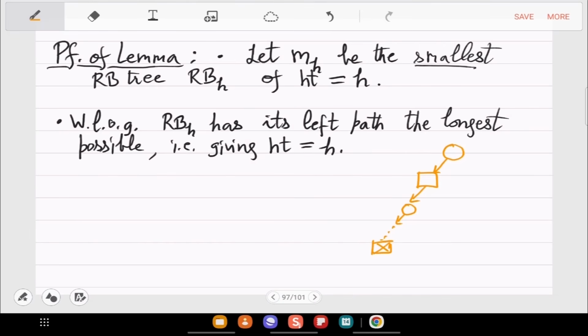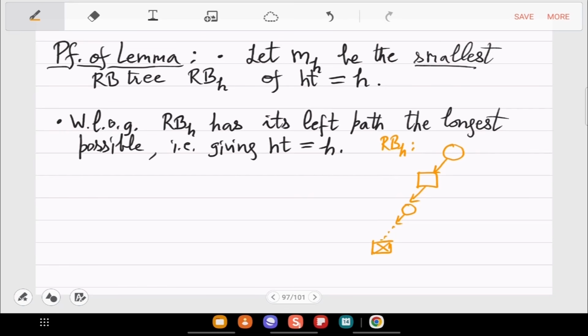So we can assume that the tree RB sub H will have a longest path of length H because we have assumed that it has height H. So let us just orient ourselves and say that the leftmost path is the longest.